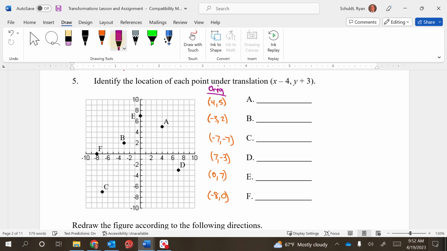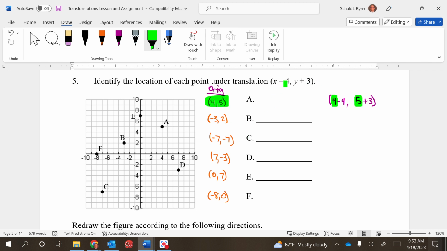Okay, so when it says to do this translation, x minus 4, y plus 3, that's what we have to do. We have to do 4 minus 4 and 5 plus 3. This 4 and this 5 came from our original point.